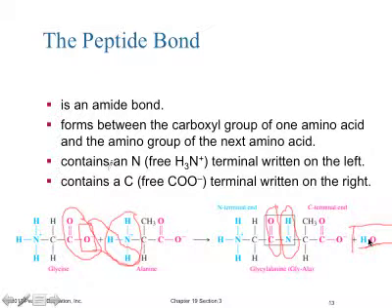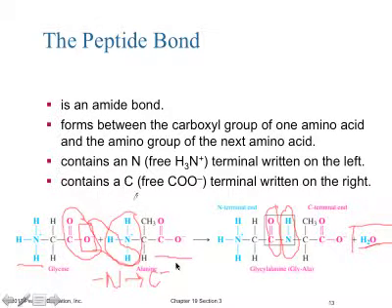So this is how you stick amino acids together to form the primary structure of proteins. There's always going to be a free amine group written on the left, and a free carboxylate group always written on the right. So in proteins, we talk about going from the N to the C terminus for a peptide.